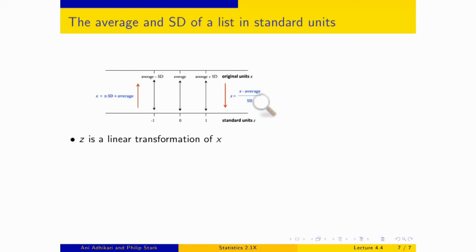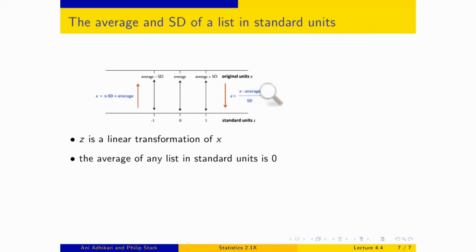And so what do we know about changes to averages and SDs? Well, if I know the average of x and I want to find the average of z, what do I do? I do to the average of x what I did to the list itself. So I take the average, I subtract off the average, I've got 0. It doesn't matter what I divide by, I'm still going to get 0. So if you take a list of numbers, the average in standard units is 0 by construction.